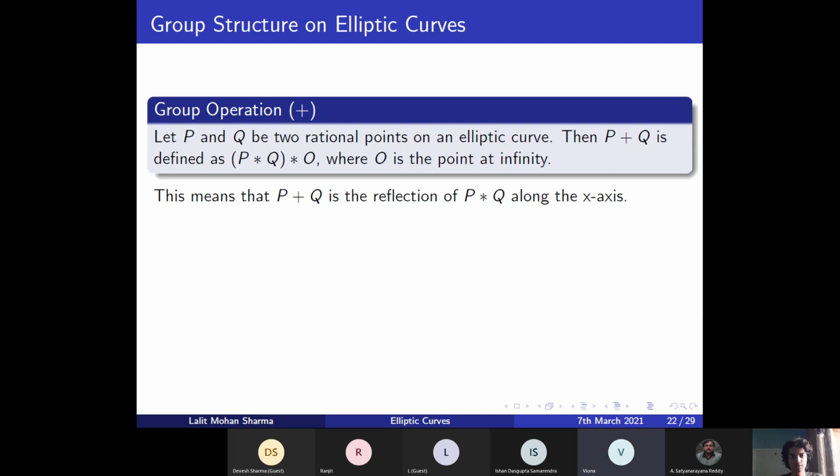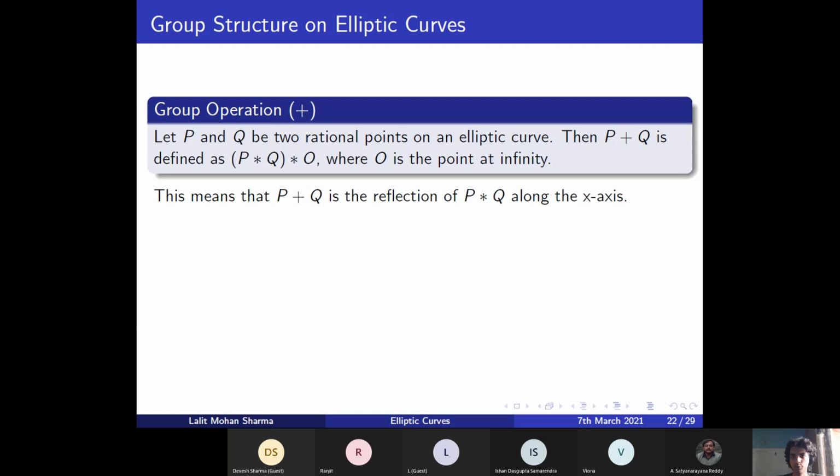So P plus Q, O is also, yeah, this point O, is it also a root of... yeah, it is a part of the elliptic curve. Because we want every line to intersect this elliptic curve at 3 points, right?